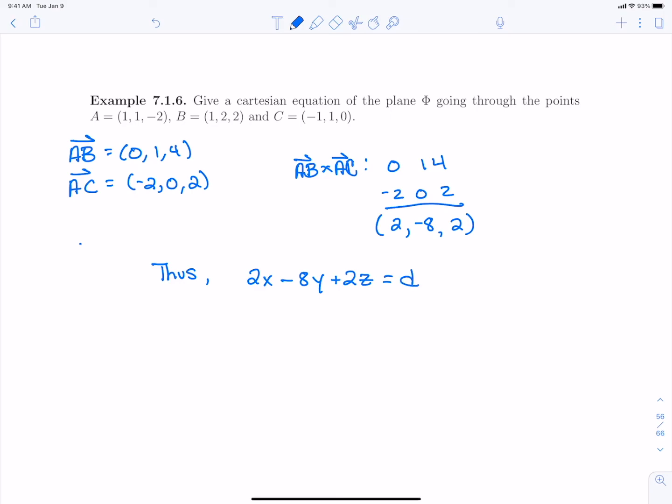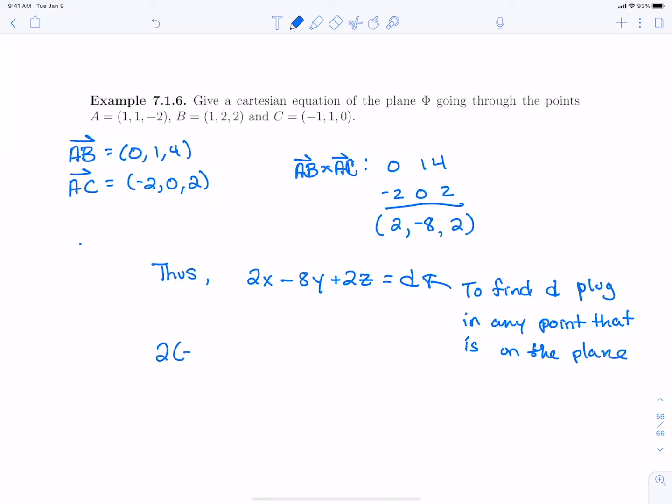Now to find d, plug in any point that is on the plane. Okay, so I'm actually going to plug in point C, just to change it up and not always choose A. So this gives me -2 minus 8, which gives me -10.